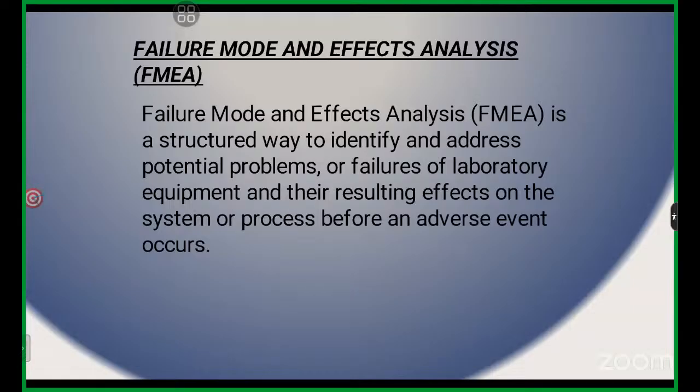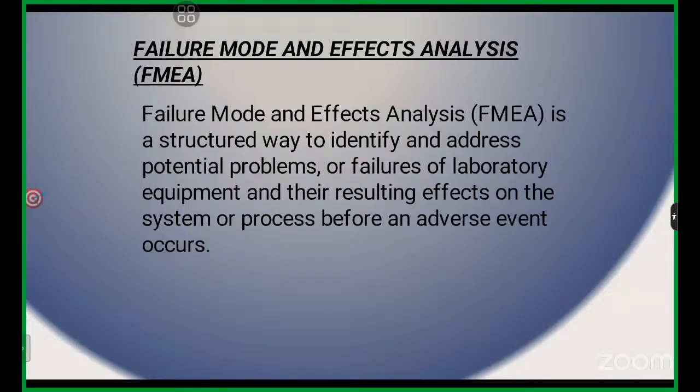Failure mode and effects analysis. What is this in definition? So failure mode and effects analysis, I will call it FMEA, is a structured way to identify and address potential problems or failures of laboratory equipment and the resulting effects on the system or process before an adverse event occurs.